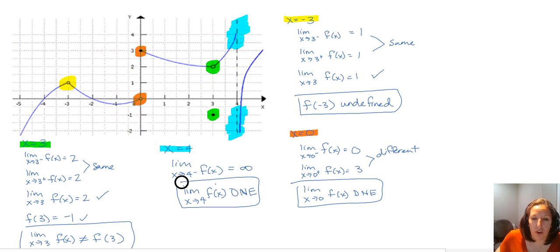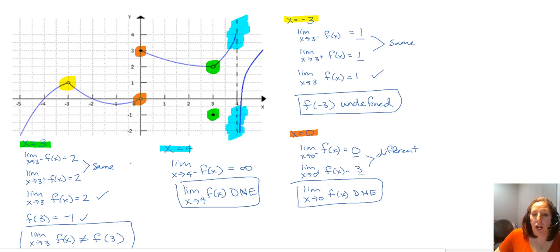So the first criterion is the one violated. We can see the right side is going to negative infinity, but it does not matter because it's not a finite number. Those limits have to be approaching finite numbers for us to even talk about the rest of it.